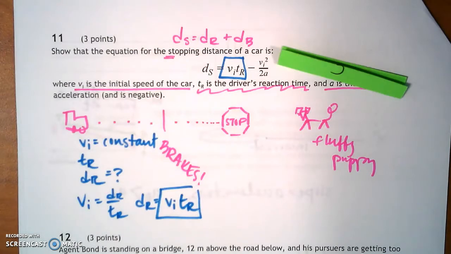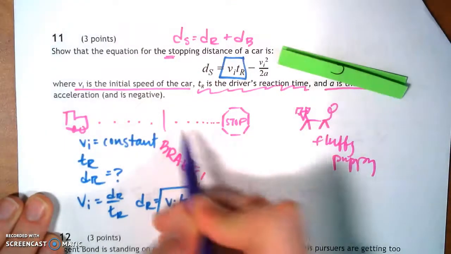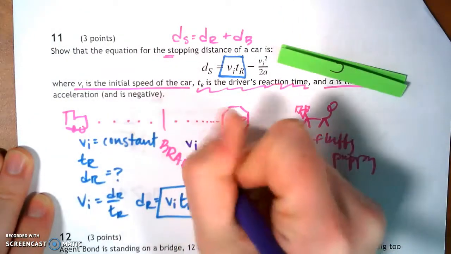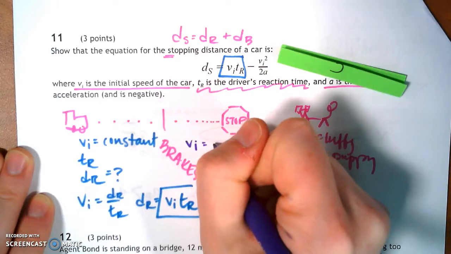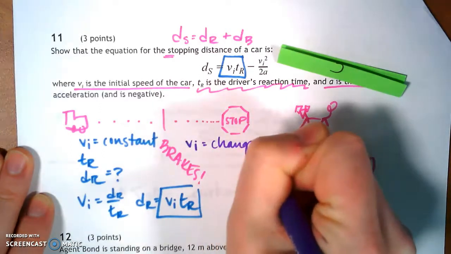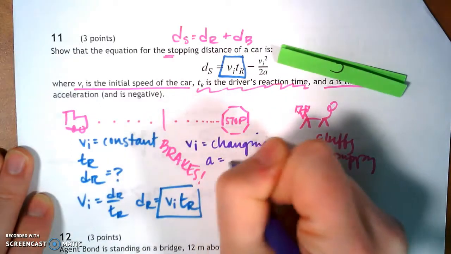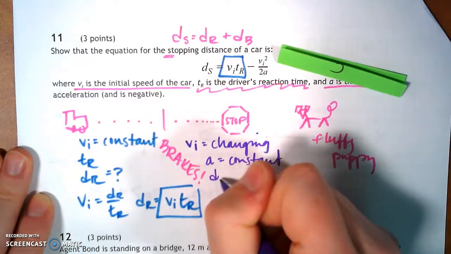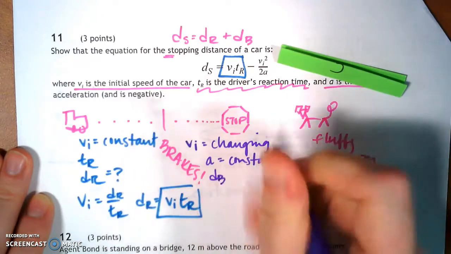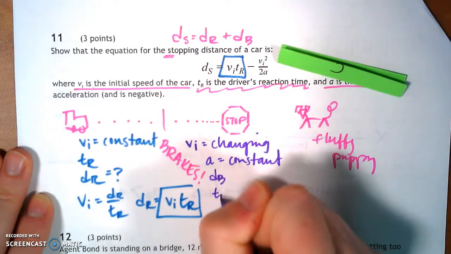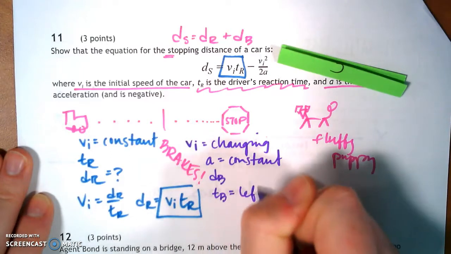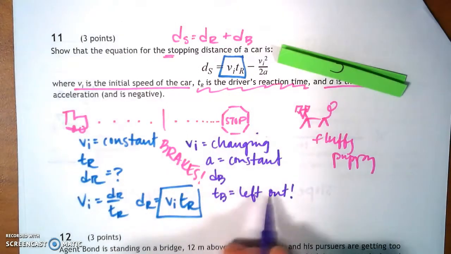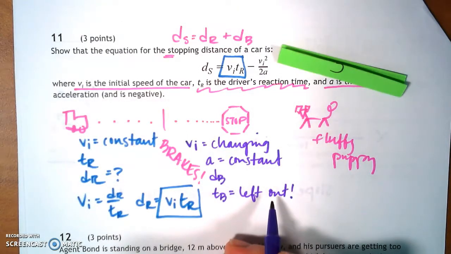All right, whatever. The second part of our trip here is while the brakes have been slammed on. Here we're starting with this initial velocity, but it's no longer constant. Now we have some acceleration that's constant because we've slammed on the brakes, and we want to know how far we're going to go. The thing that's left out here is the braking time. Think about it. If you see a fluffy puppy jump out in front of your car, do you look at your watch to see how much time it takes for you to come to a stop?